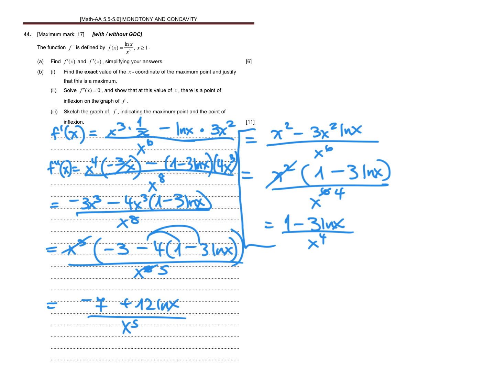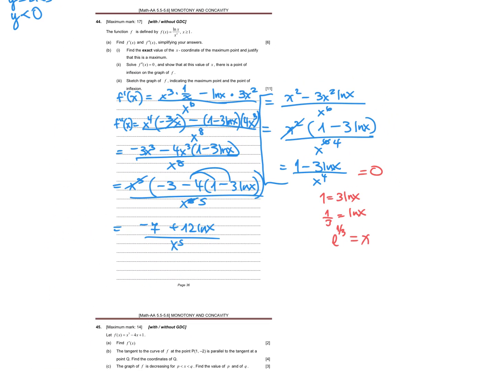Okay, find the exact value of the x-coordinate of the max point and justify its max. Okay, so we'll set the first derivative equals 0, cross multiply by x to the 4th. So we're going to have 1 equals 3 natural log x. Divide by 3, write exponentially, e to the 1/3 is x. And then we need to substitute that into the second derivative.